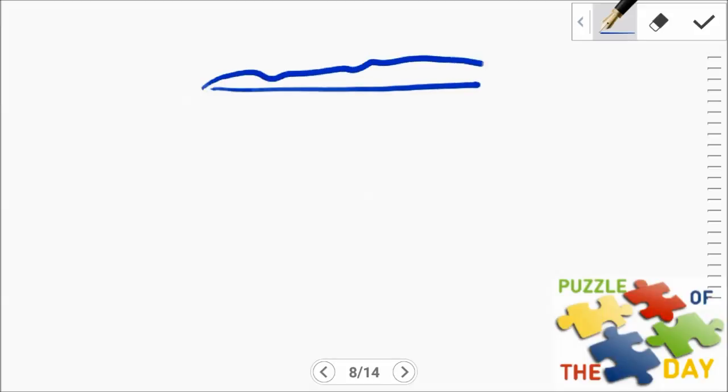So now let's approach this problem from another angle. How can I measure 15 minutes now? I know if I was given a rope of 30 minutes time, whether it's uniform or not uniform, I can easily measure 15 minutes.